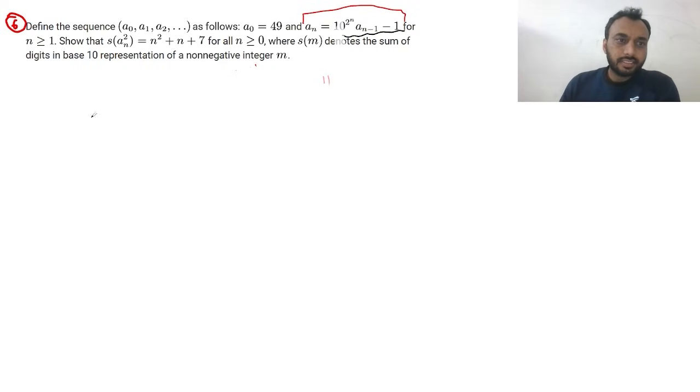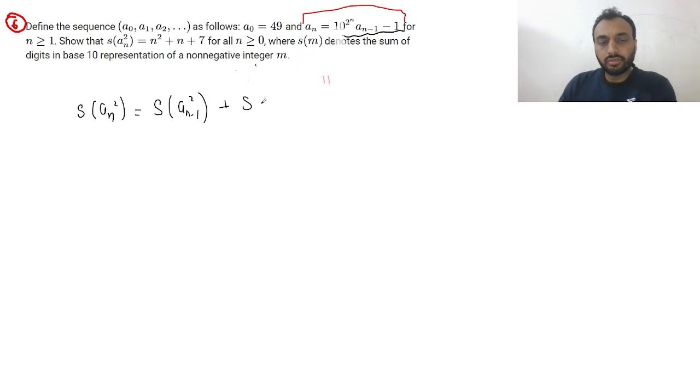So we can say that the sum of digits of a_n squared is equal to the sum of digits of a_{n-1} squared plus the sum of digits of 10^(2^n - 2) a_{n-1} minus 1, and plus 1, because the last is a_{n-1} squared minus 1, sorry, and plus 1.